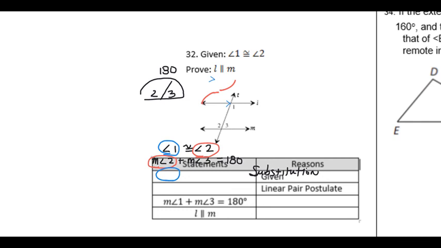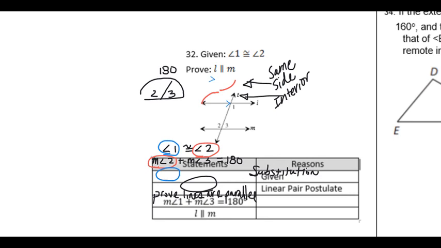And lastly, since angle 1 and angle 3 are adding up to be 180, and they are same side interior, and since I'm trying to prove that the lines are parallel, in this step, I cannot just say same side interior.